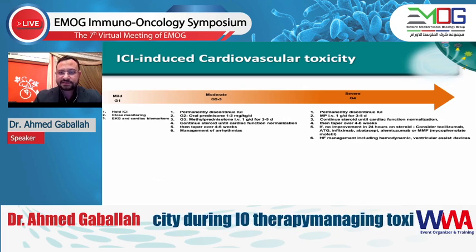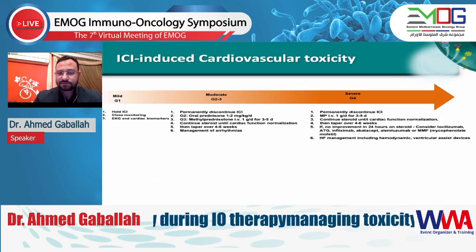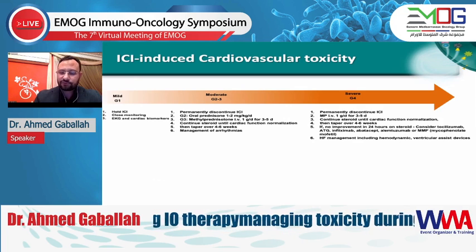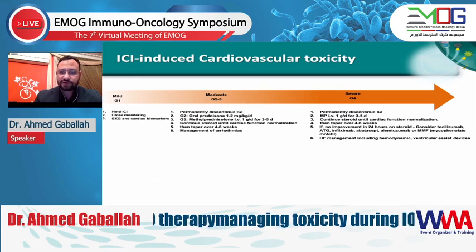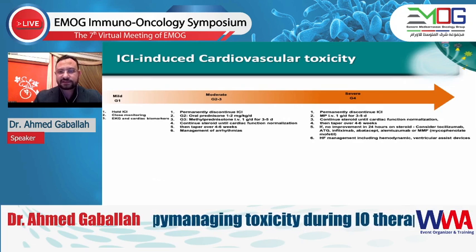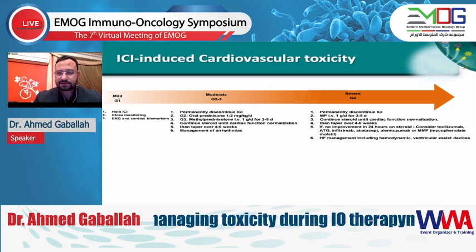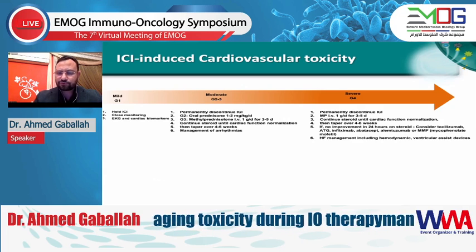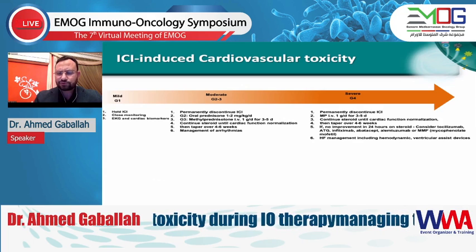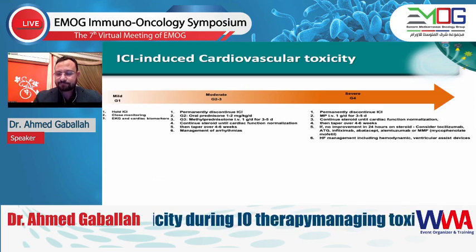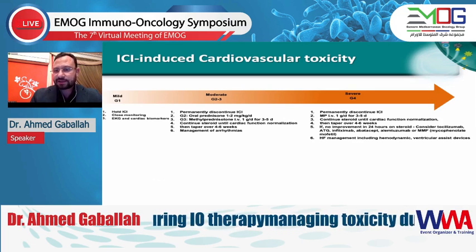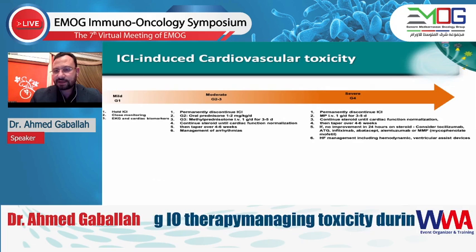If we have severe cases, the patient should be admitted to hospital, with high-dose methylprednisolone given at 1 gram per day for 3 to 5 days, and then we shift to lower doses in the following days. And if the patient is not improving on steroids within 24 hours, we should add an immunomodulator like tocilizumab, infliximab, alemtuzumab, or MMF, as we said.